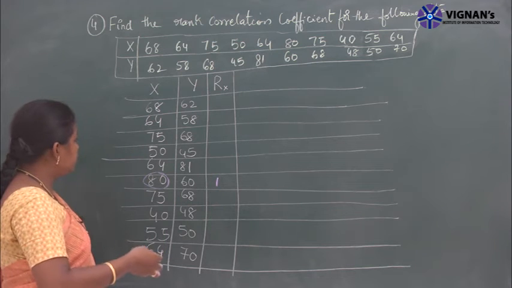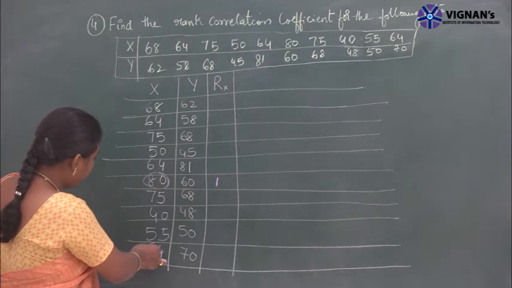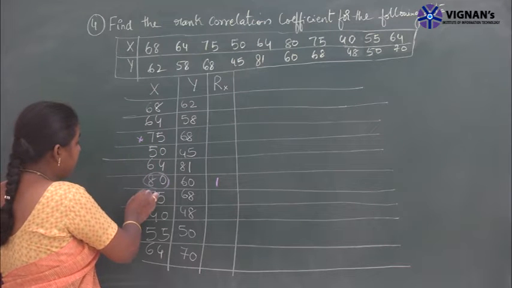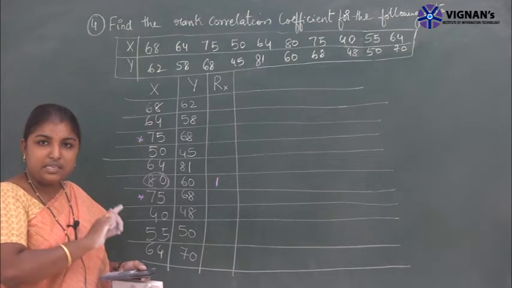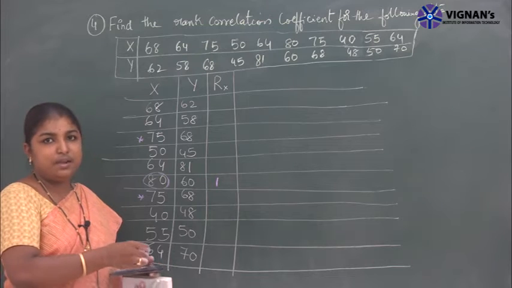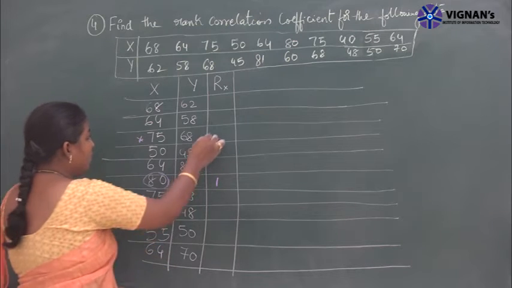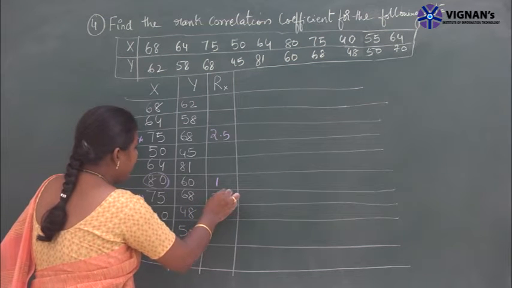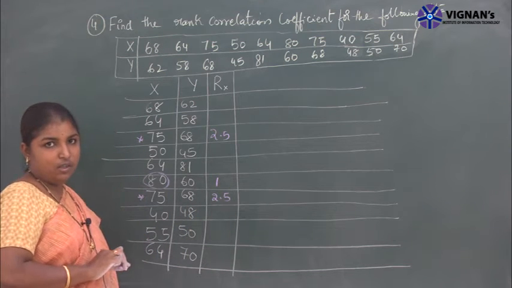Right? The next maximum is 75, and 75 is repeated 2 times, so it is in second and third place. That can be taken as 2 plus 3 by 2, so that value is equal to 2.5. For both values, we give rank 2.5 only.